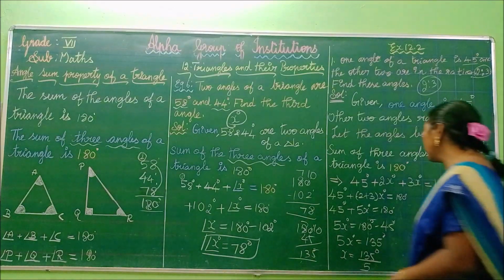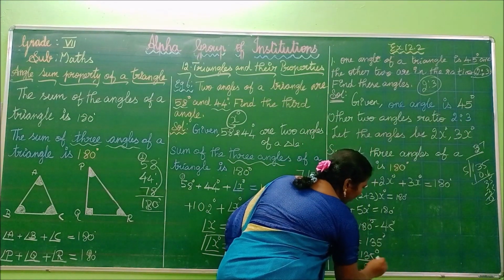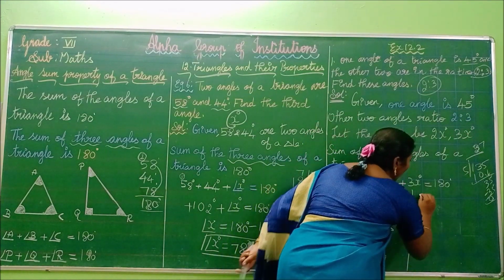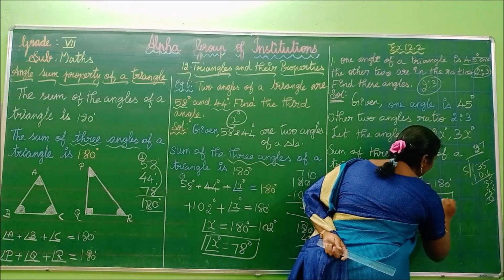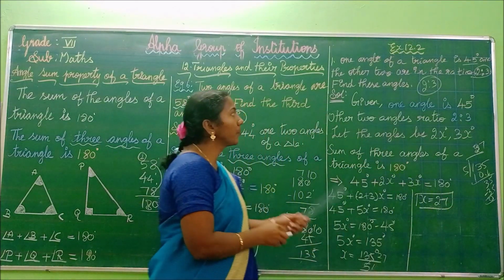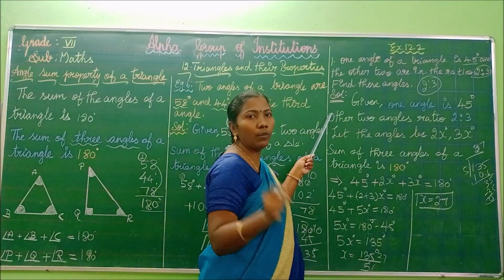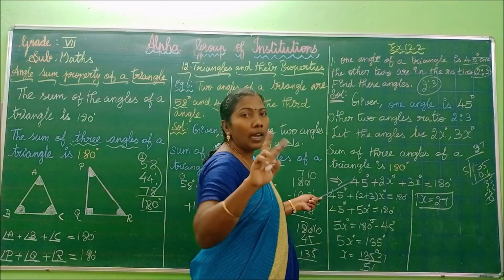So if you divide 135 by 5, you get the answer 27. So what is the value of x? 27.